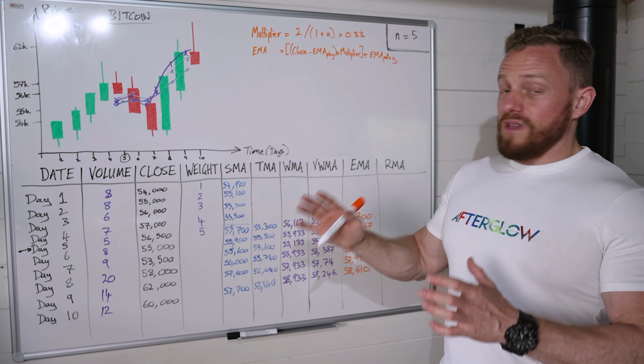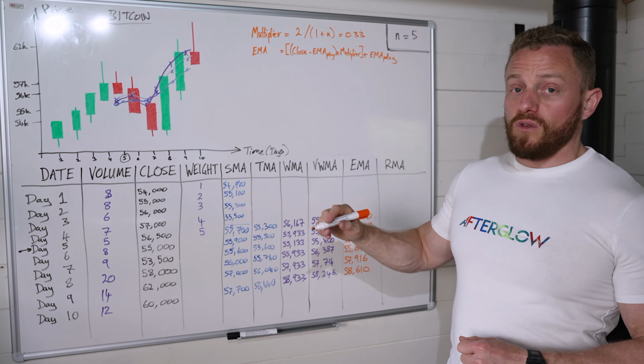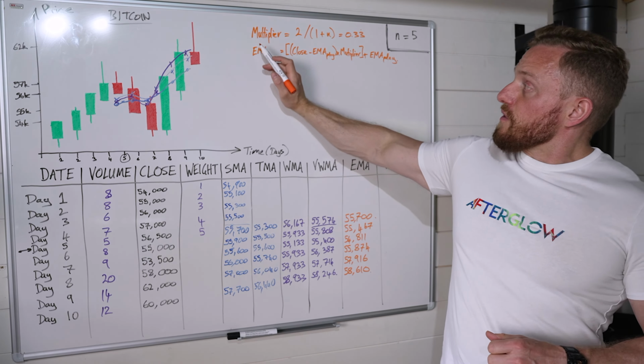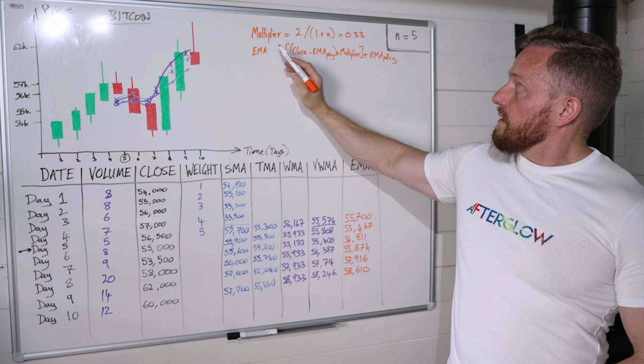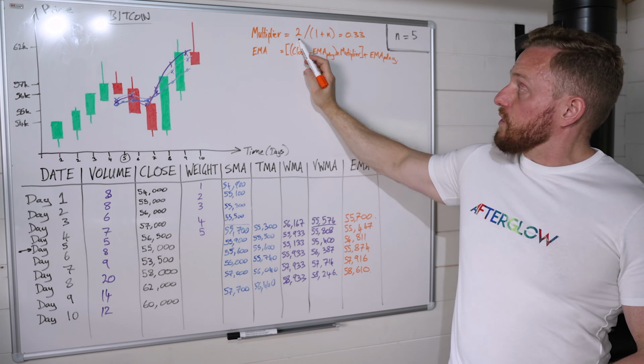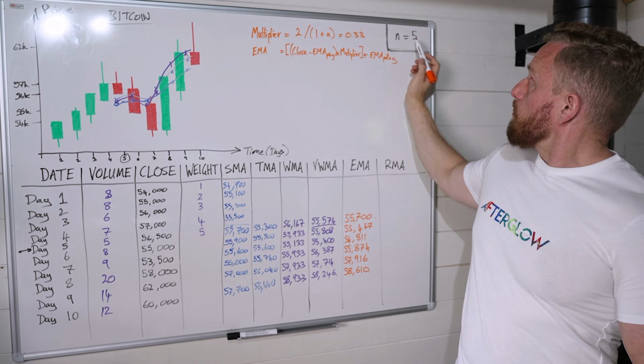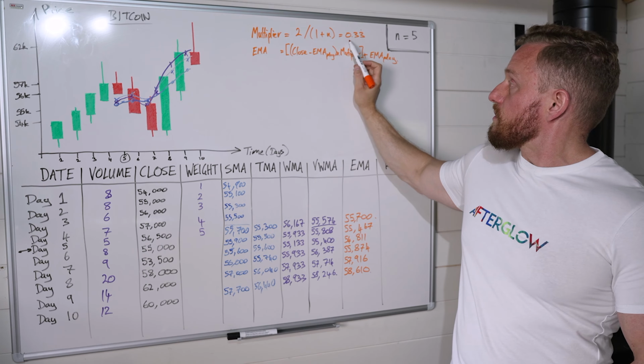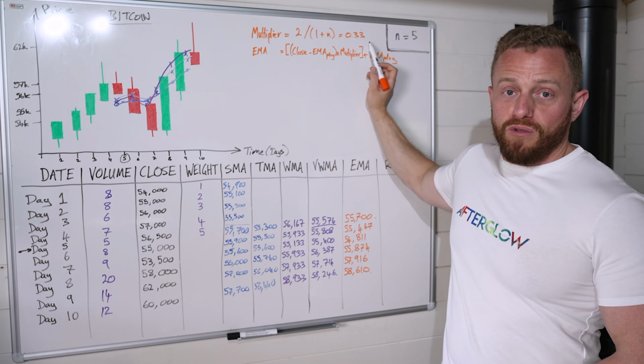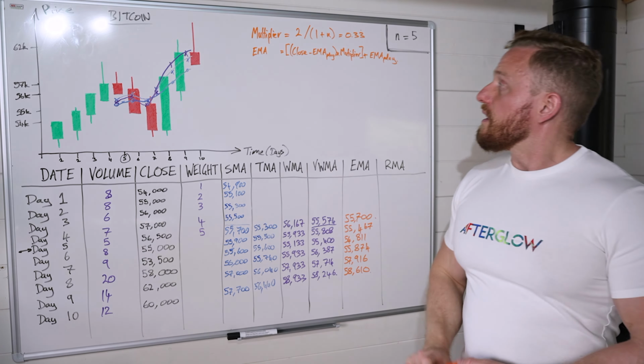So with this, there are two components to the calculation. First of all, you have a multiplier with a formula of 2 divided by 1 plus the number of periods. So if you plug in 5, that comes to 0.33 recurring in this example.